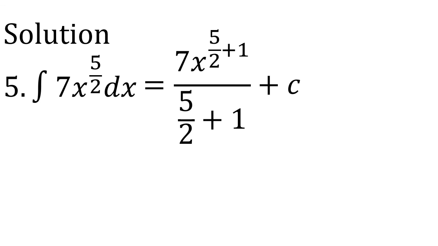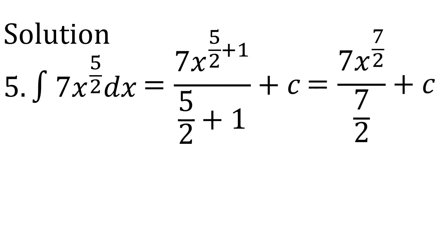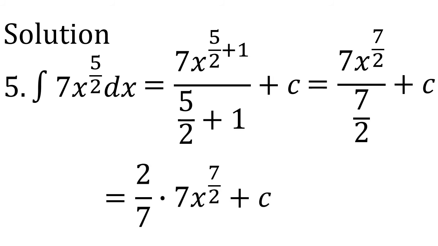So this will become 7x to the 5 over 2 plus 1 over 5 over 2 plus 1 plus c. Five over 2 plus 1 is 7 over 2. So this will become 7x to the 7 over 2 over 7 over 2 plus c.